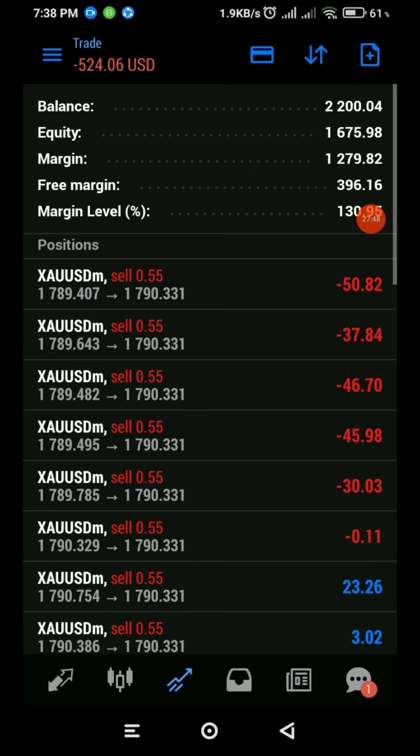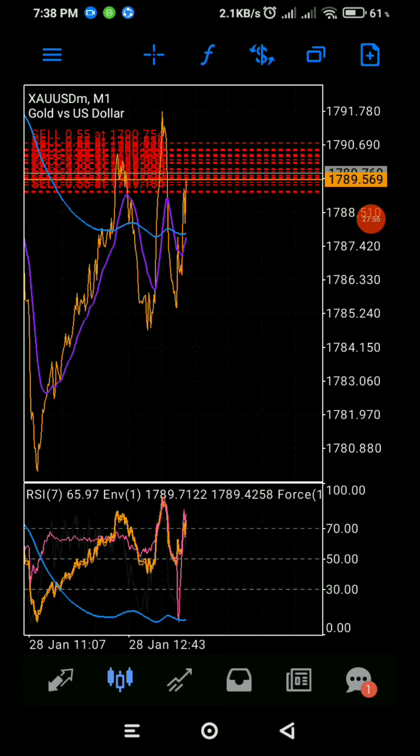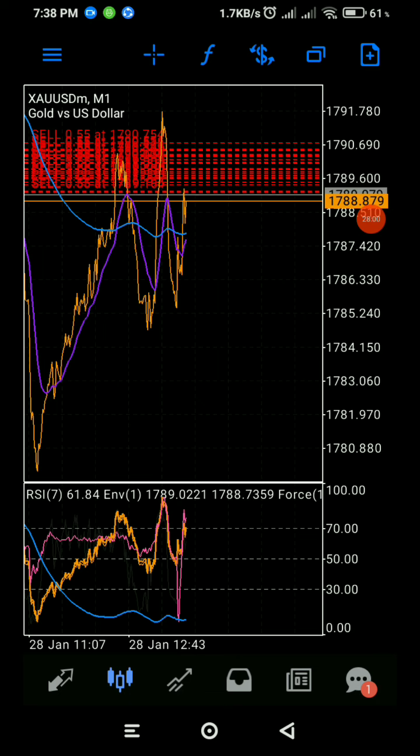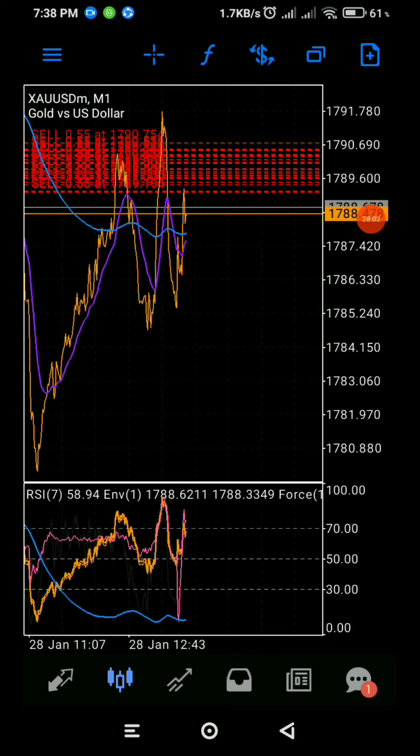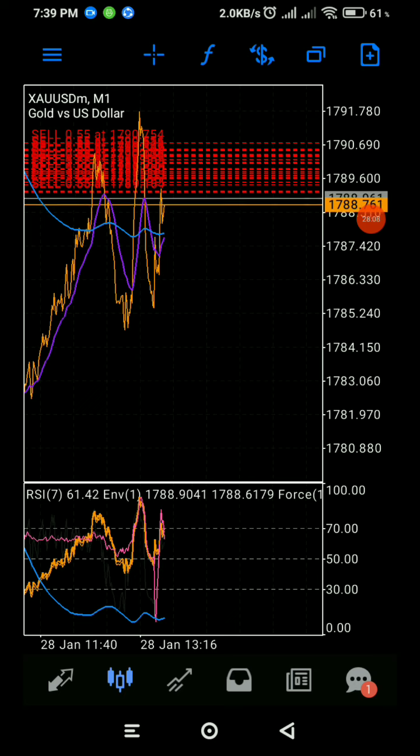So starting with a $100 account, a very small account, I'm now planning to reach $5,000, and I'm just waiting to see price come down from the confluence area of sell, and you must see the price falling down.